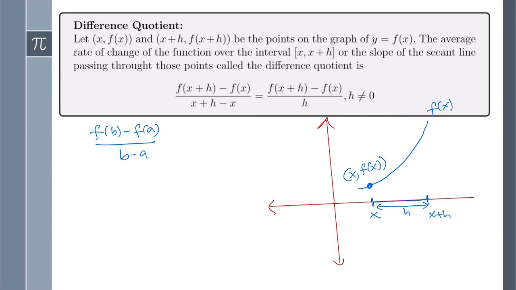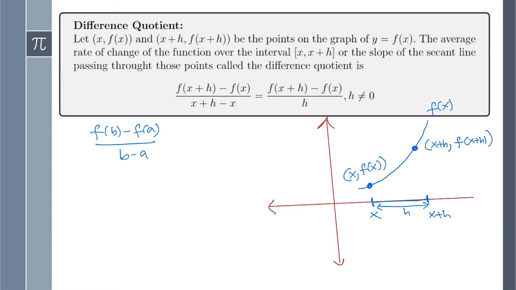Similarly, the corresponding point for x plus h on the graph is x plus h, comma, the value of the function f of x plus h.